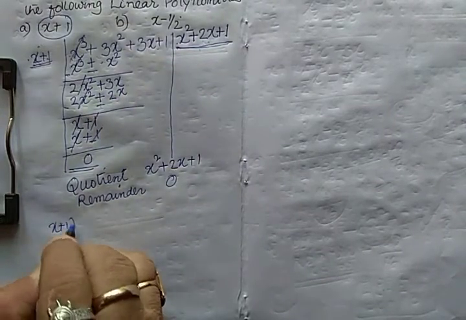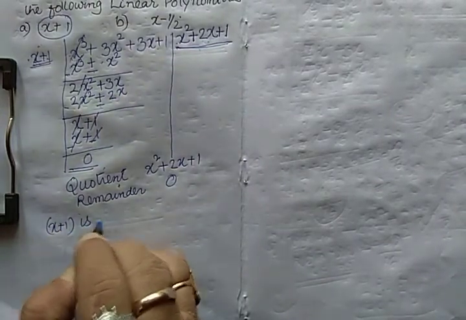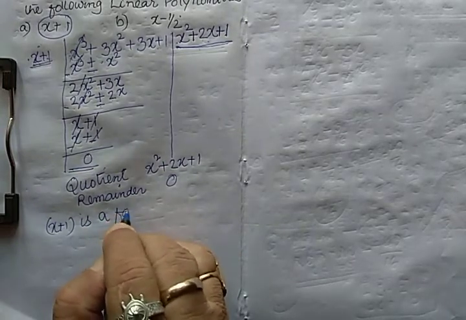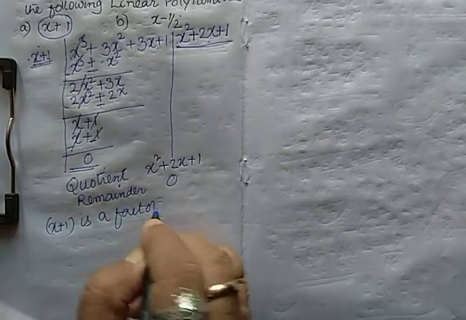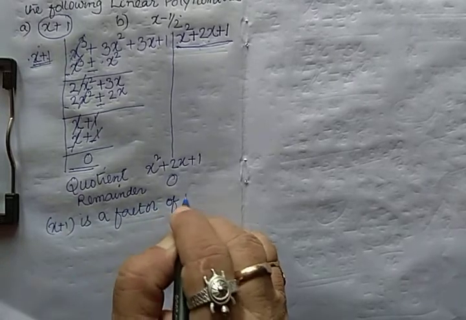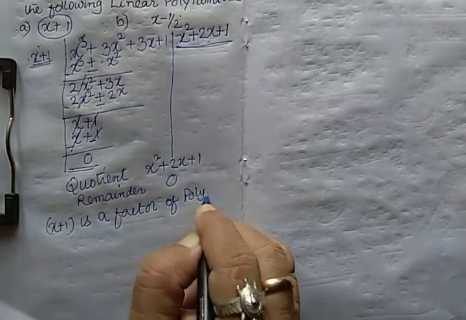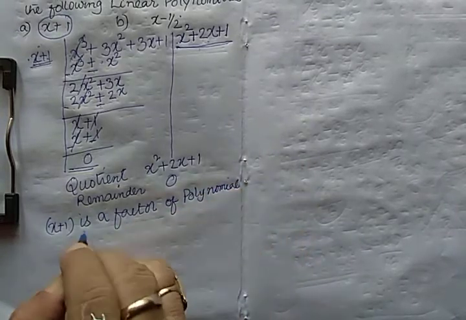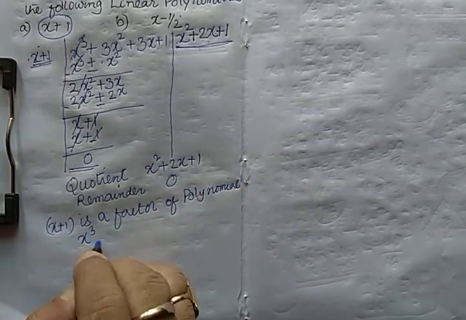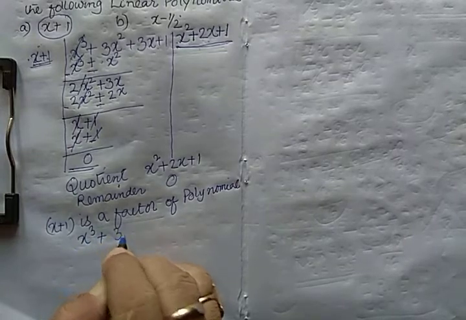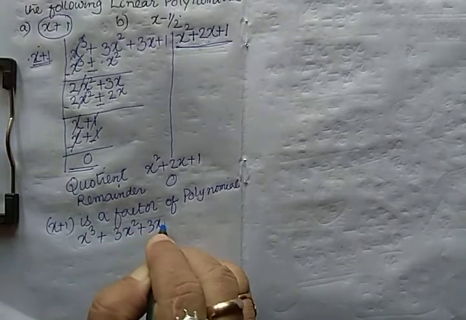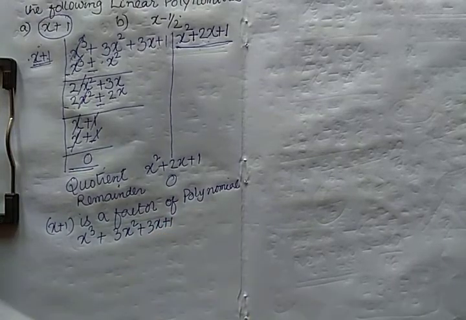X plus 1 is a factor of the polynomial x cube plus 3x square plus 3x plus 1.